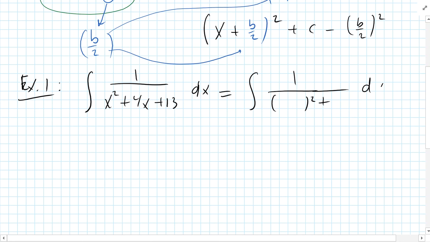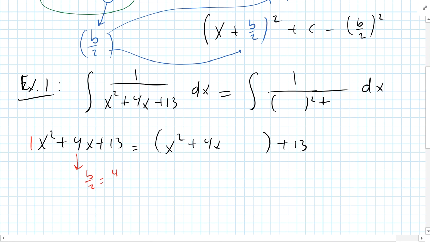We're going to go x squared. Notice my coefficient is 1, so that's good. And then it's plus 4x plus 13. That's got to equal x squared plus 4x, I'm going to complete the square, and then I'll put the 13 aside. My b is 4, so b over 2 is 4 over 2, which equals 2. That means this is going to be plus 2 squared, which is 4, right?